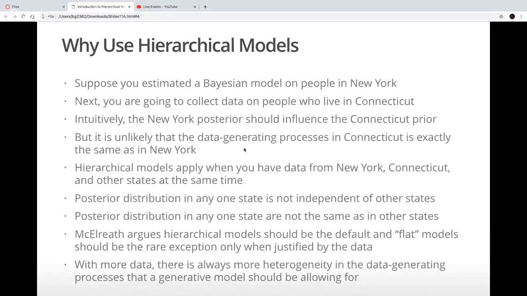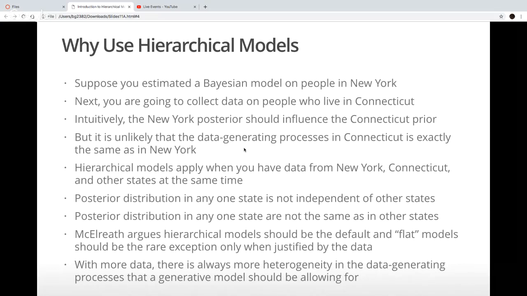So why would you want to use a hierarchical model? Let's think about an example like this. You collect some data on people in New York, and you estimate the posterior distribution of some parameters with like stan_glm or whatever it may be. Okay, so now you have a posterior distribution of coefficients and intercept and some other things. You decide for your next project, I'm going to collect data on people who live in Connecticut.